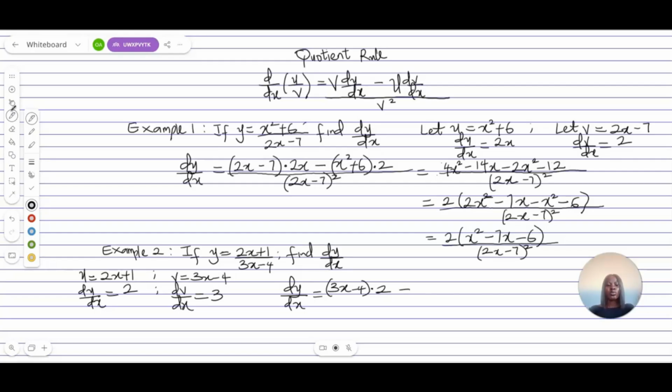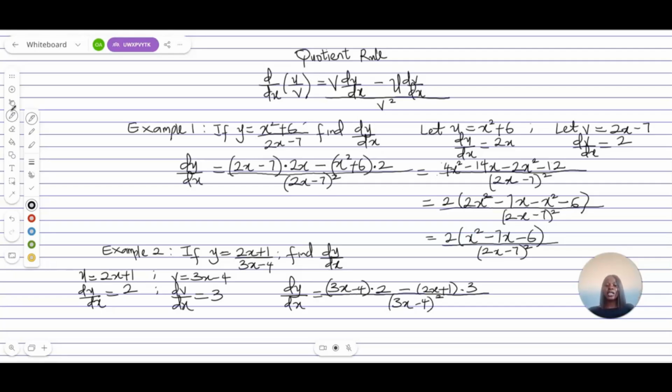My u is 2x plus 1. Then dot, what is my dv dx? dv dx is 3. Remember that the whole of this is being divided by, what's my v? V is 3x minus 4. So I have 3x minus 4 all squared.